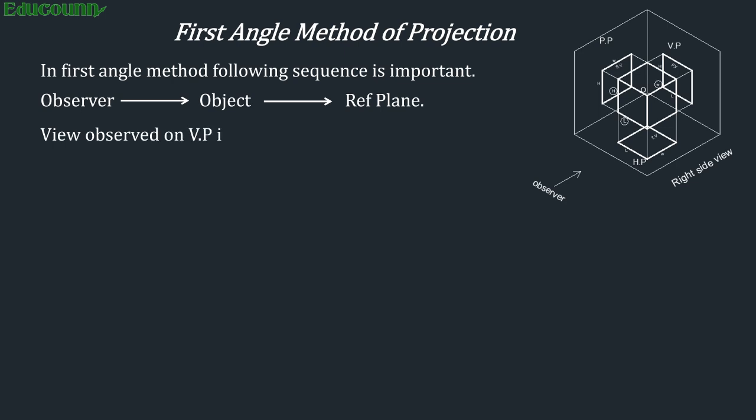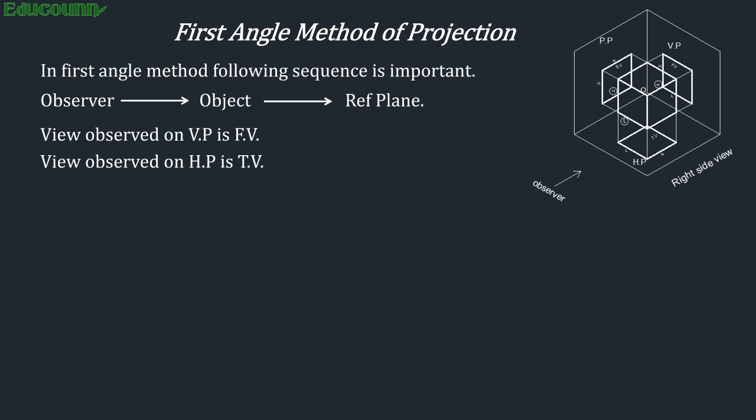Now, we can have some conclusions. Whenever the 2D views from the 3D object are obtained on the respective principal planes, the view observed on the vertical plane is called the front view. Since this is a cube, you are going to see a square shape in the front view. So, the view observed on VP is what? Front view. The next conclusion is that the view observed on the horizontal plane is the top view.